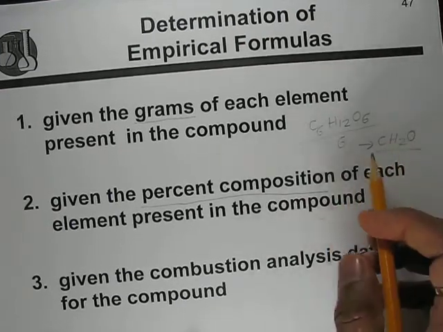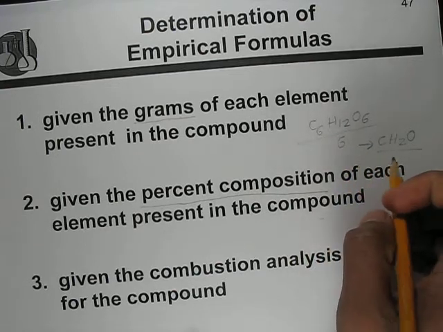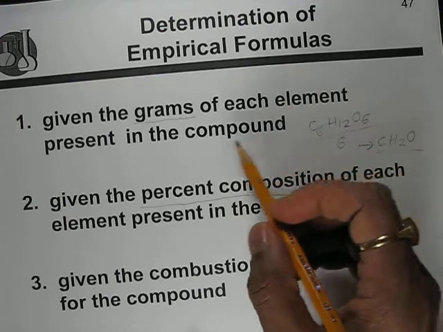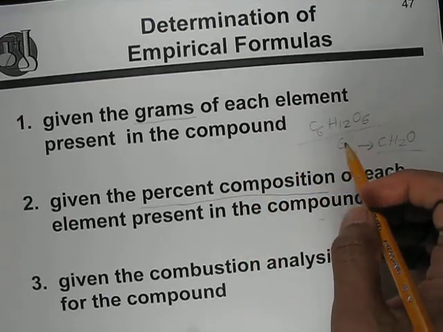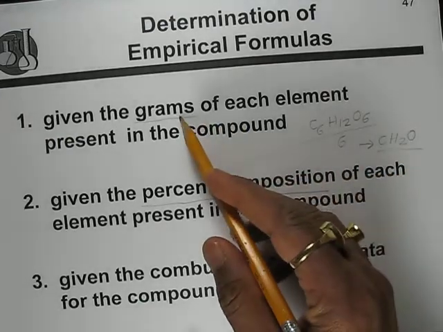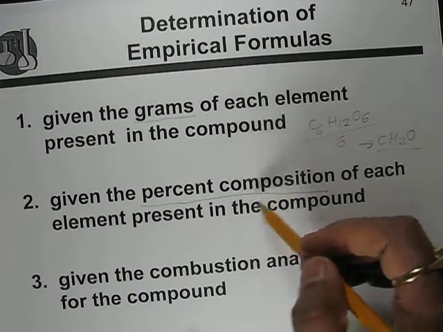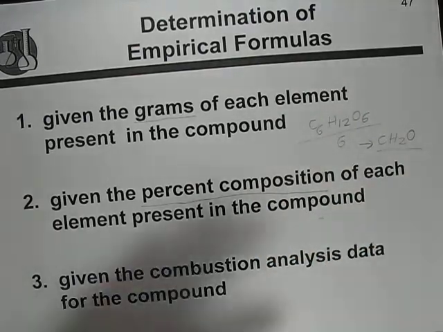This is one way to find the empirical formula, but it is not easy to do every time using this method. So we have to use either gram quantities of elements, percentage composition, or combustion analysis.